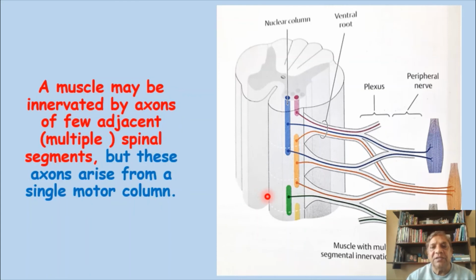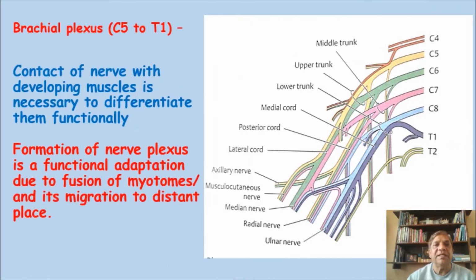This is another reason why plexuses are formed: the reorganization of function to particular muscles. The nerve fibers reorganize themselves as extensor, flexor, and so on.